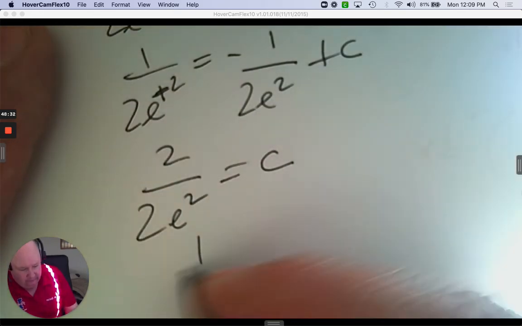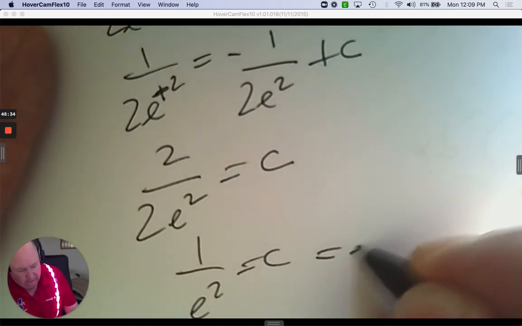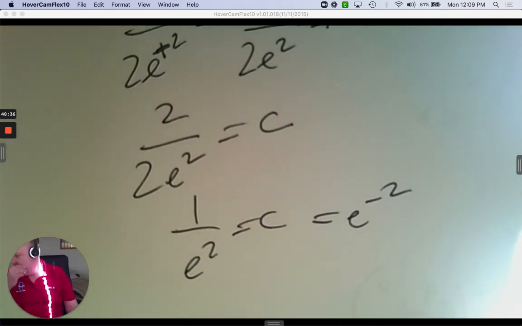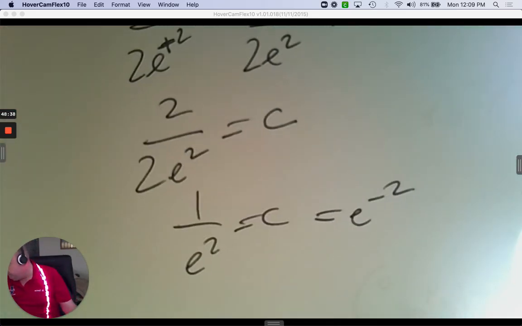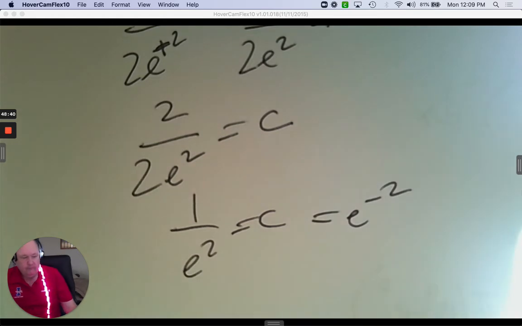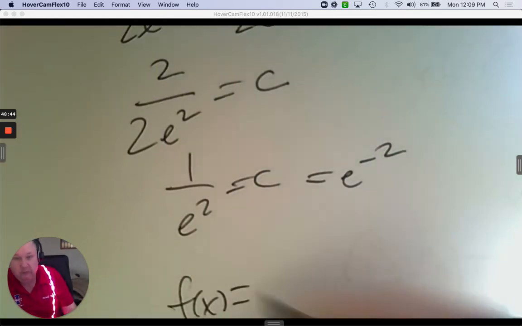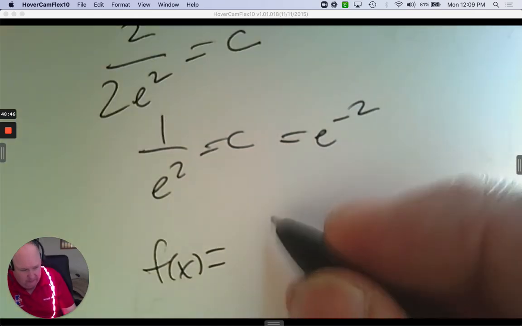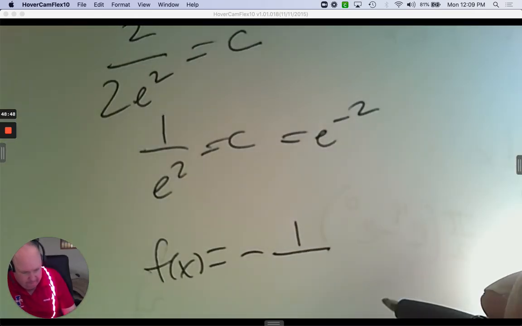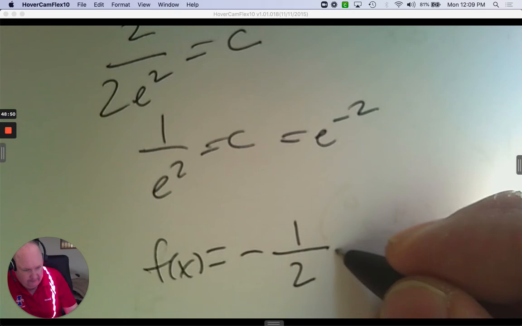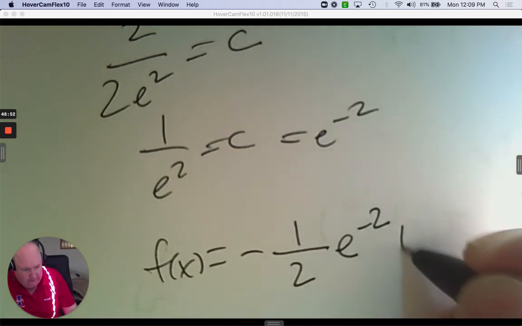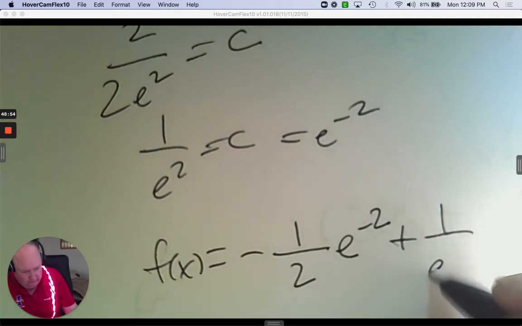The 2's simplify out, and you could also write that as e to the negative 2. But that's fine, just the way it looks. So then f at x would be, if you put it all together, negative 1/2 e to the negative 2, and then c is 1 over e squared.